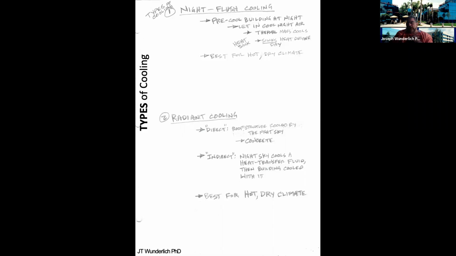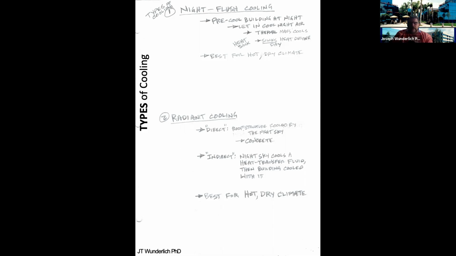You heat up during the day with thermal mass, sun directly incident on concrete or water, or however you want to store it, and then it naturally, passively releases it during the nighttime. And in a similar way, you can pre-cool the building at night because of radiational cooling and thin atmosphere in the desert. You go down to freezing even if it's 120 during the day. So you use that to your advantage and you cool a thermal mass and then you release that during the day. So it's kind of the reverse of using it for heating, as it is, because we're talking about cooling now.